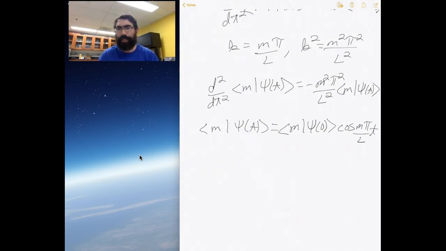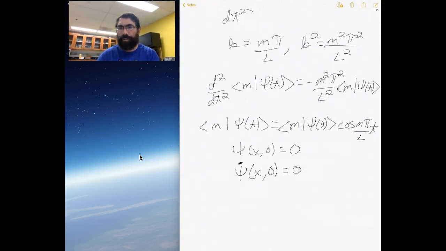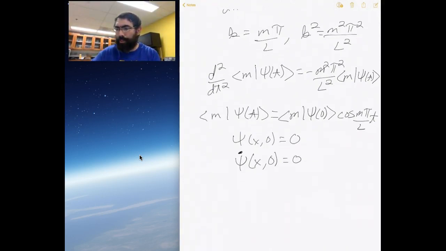Now this is in time, and we've implied the initial condition that this function at time equals 0 has to be 0, and its speed at time equals 0 has to be 0. That's what gives us the solution above. And now what we want to do is take off the particular M that we're projecting onto and have a general solution for the time-dependent function.